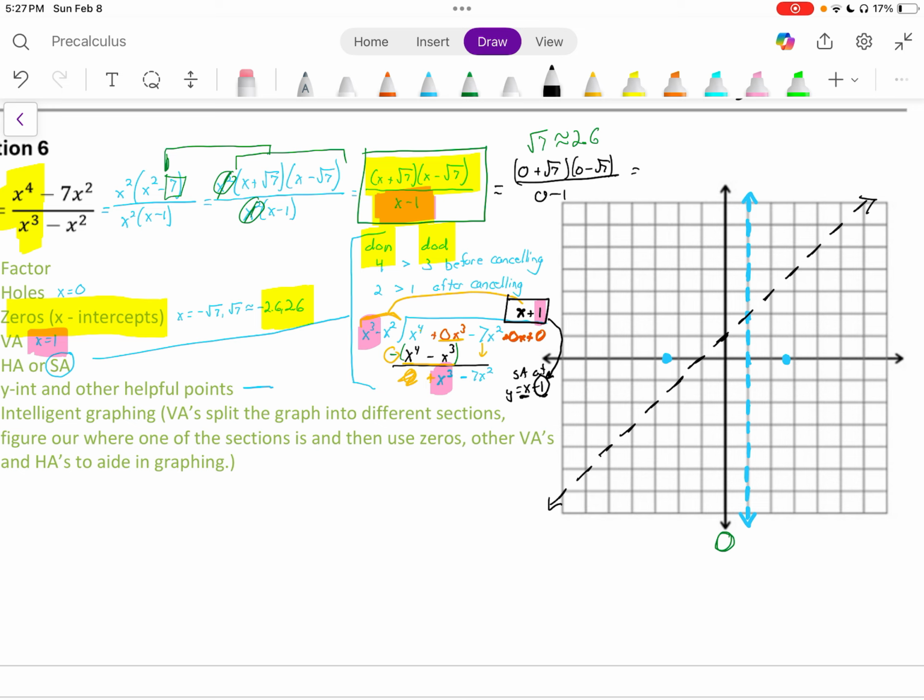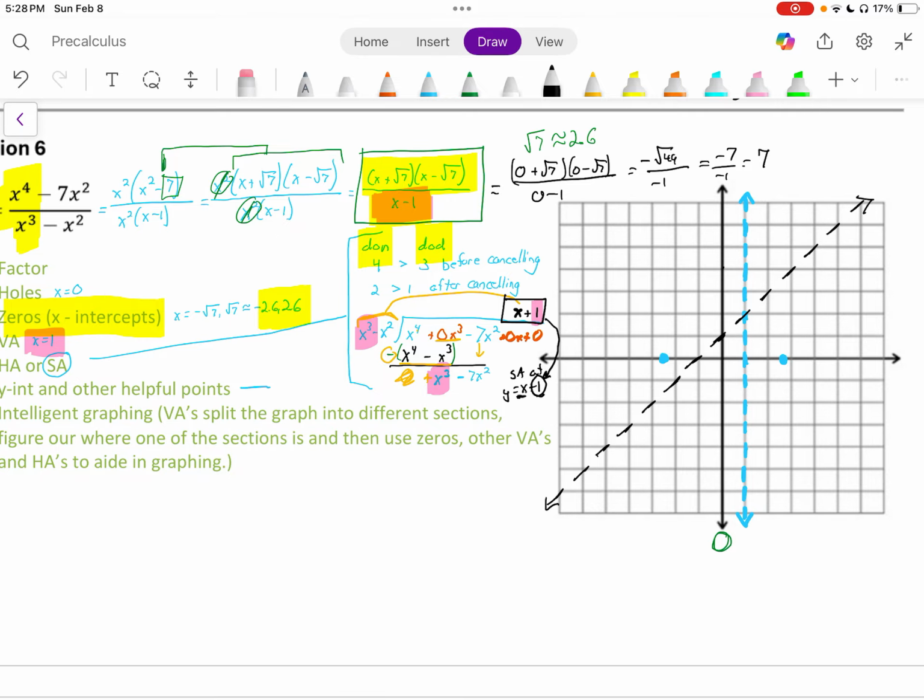Well, that's root 7 times negative root 7, which is negative root 49, or just negative 7 over negative 1. And so we have a y-intercept of negative 7 over negative 1, which is 7. Way up here. And so that should give us a good indication of what our graph looks like.